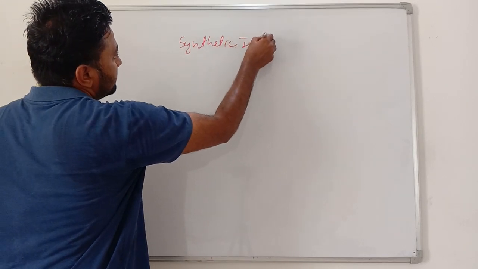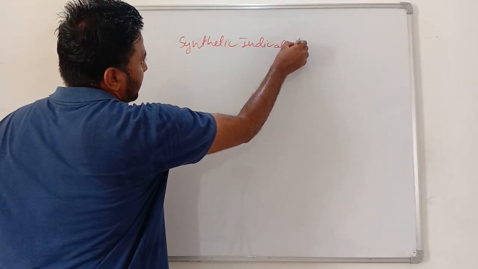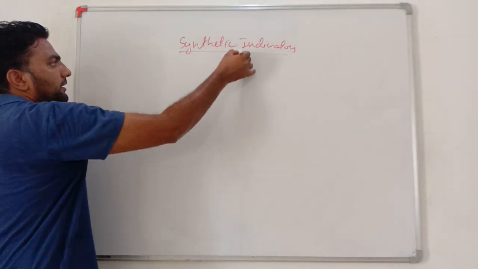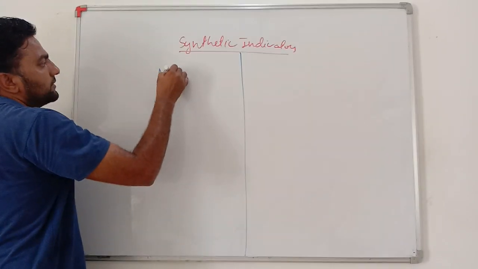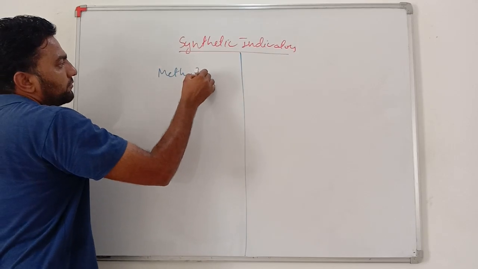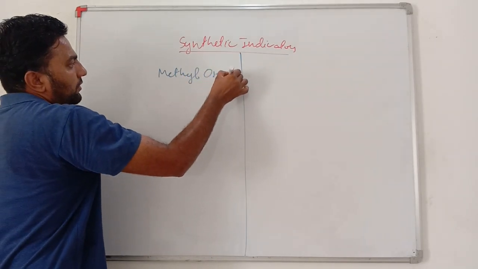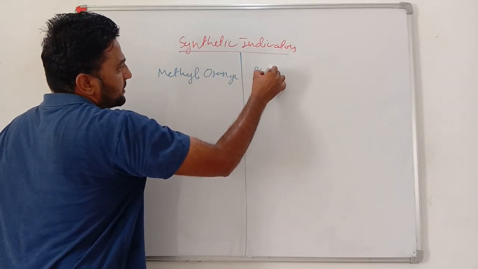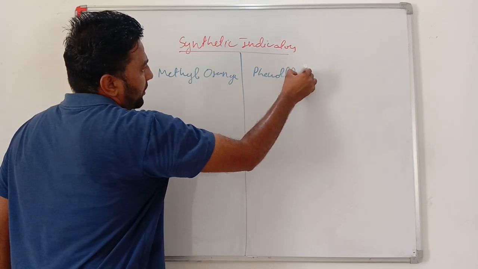Synthetic indicators. In synthetic indicators, two main indicators are there. One is methyl orange and one is phenolphthalein.